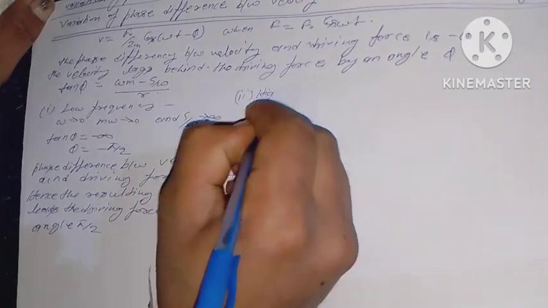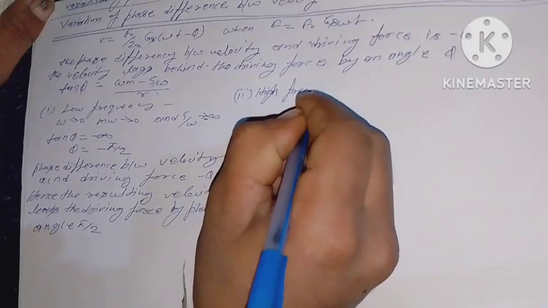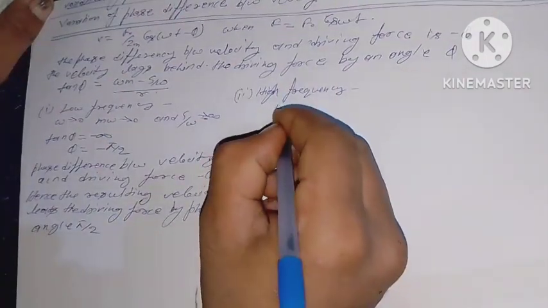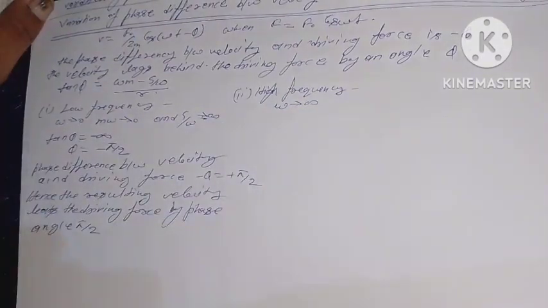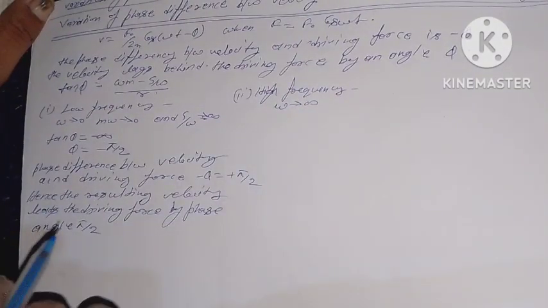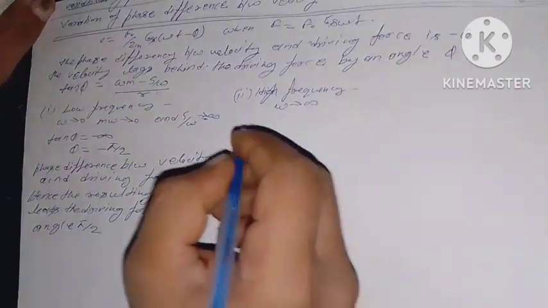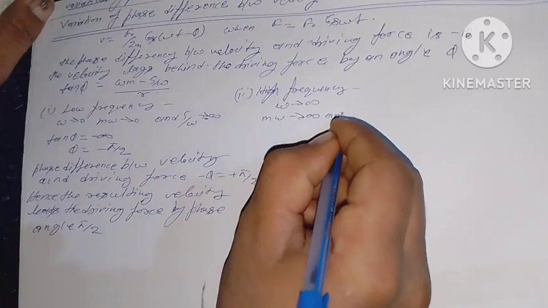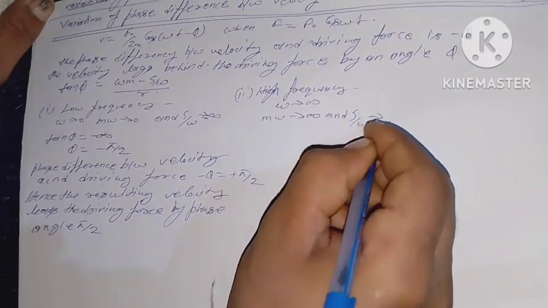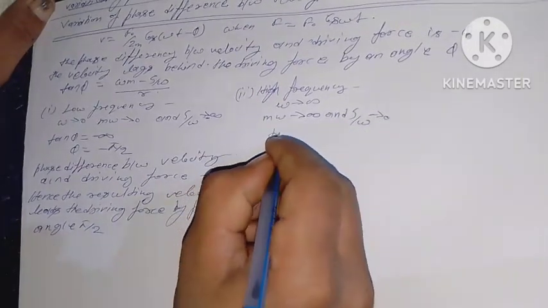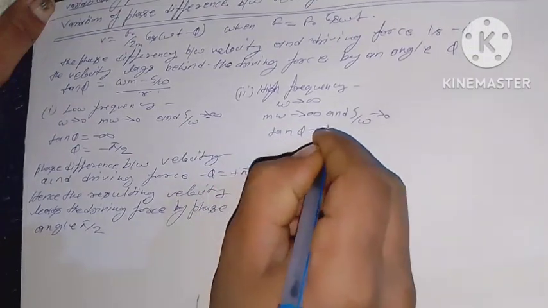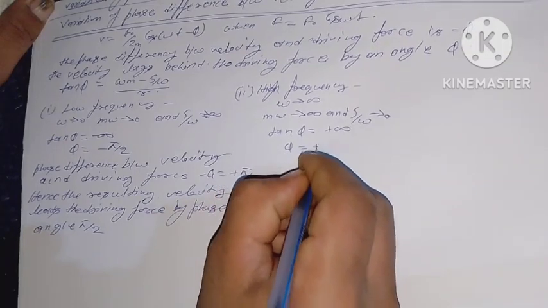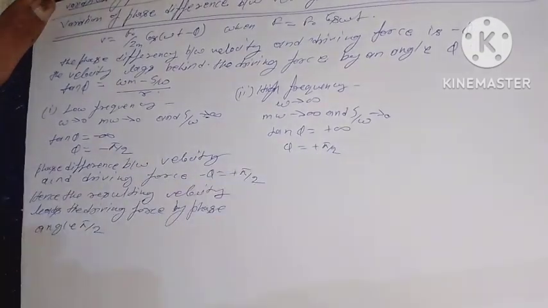Second point, high frequency. At high frequency, omega tends to infinite, then m omega tends to infinite and s by omega tends to 0. Then tan phi equal to plus infinite and phi equal to plus pi by 2.